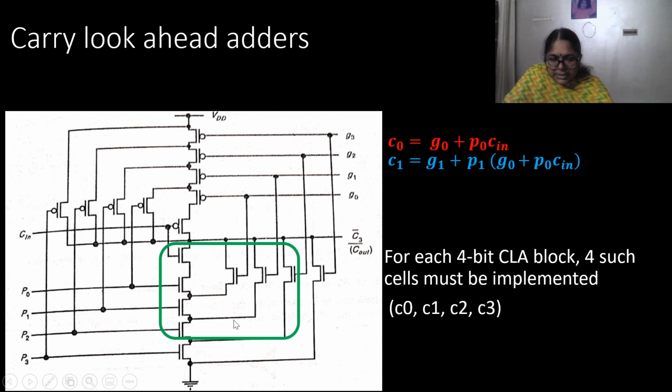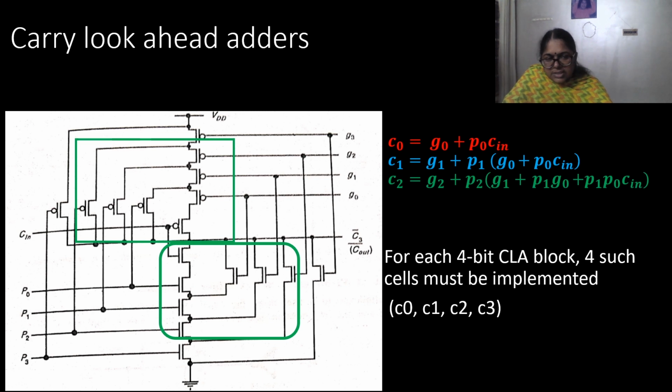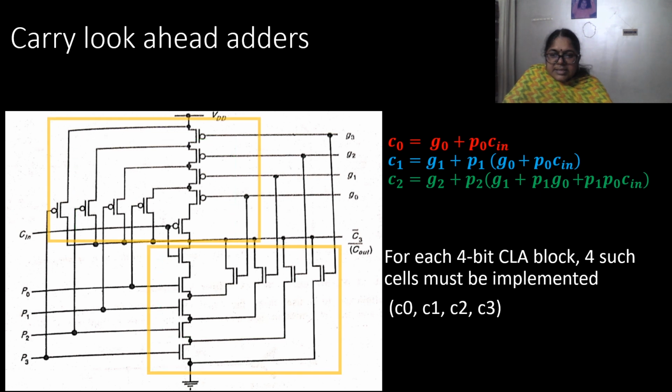And next we have C1. Up till this particular part, C1 circuitry is already present. C1 circuitry is in series with P2, so it is P2 into C1 plus G2. So we have the PMOS part of the circuit here, and then we'll get G2 plus P2 into C1. Next we have C3, that is, up till here we had C2.